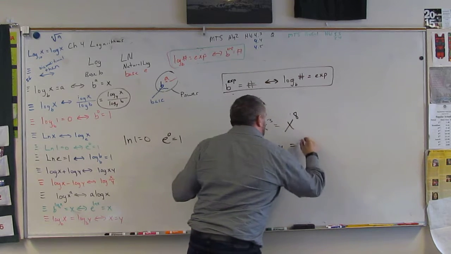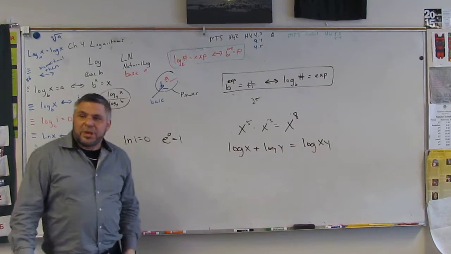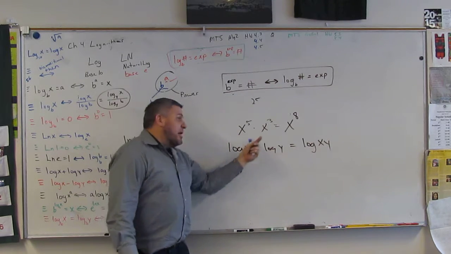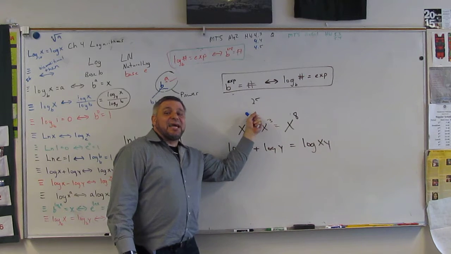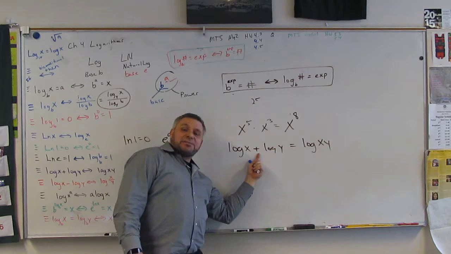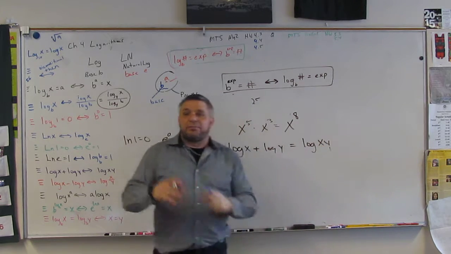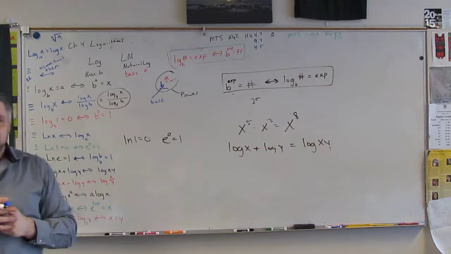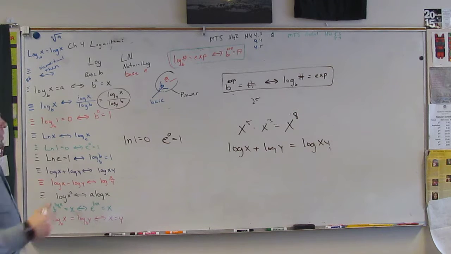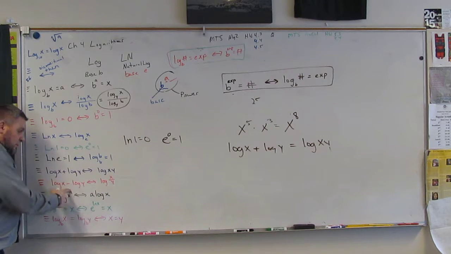So this is going to be log of xy. So we're going kind of backwards. If we're multiplying the bases, we add the exponents. If we're adding the logs, we're multiplying the bases. Alright, so that's our addition rule.